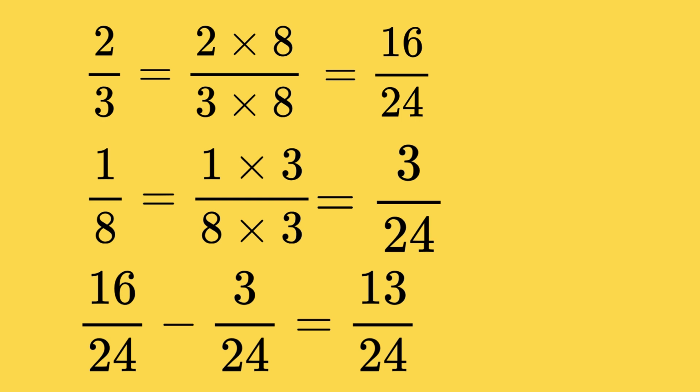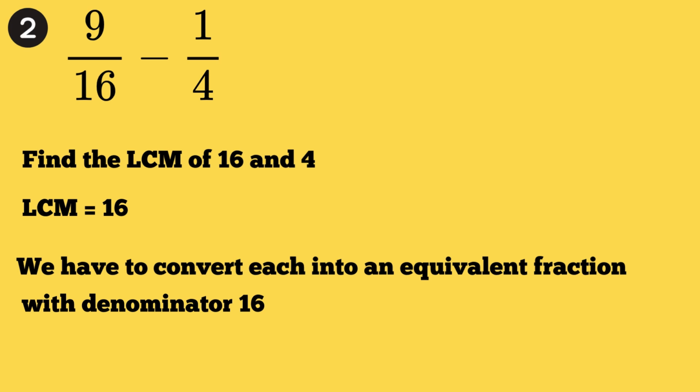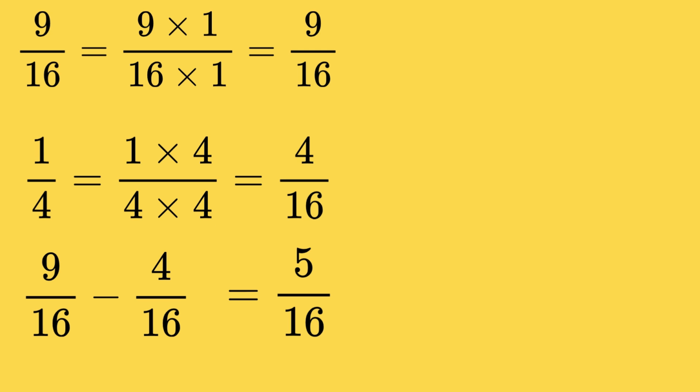Let us look at our second problem, 9 by 16 minus 1 by 4. We have to find the LCM of 16 and 4. The LCM is 16. Now, we have to convert each of these fractions into an equivalent fraction with denominator 16. The first fraction is 9 by 16, which will be left as it is, or we can just multiply the numerator and denominator by 1.